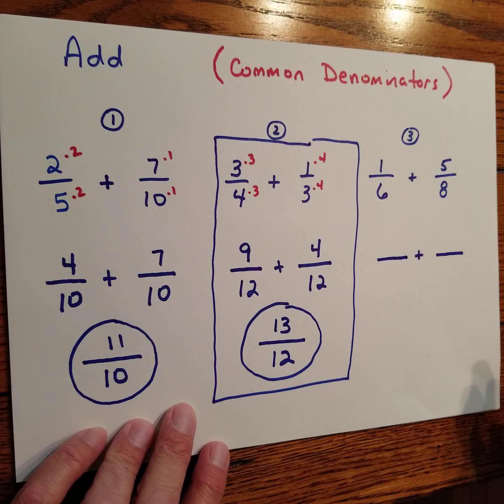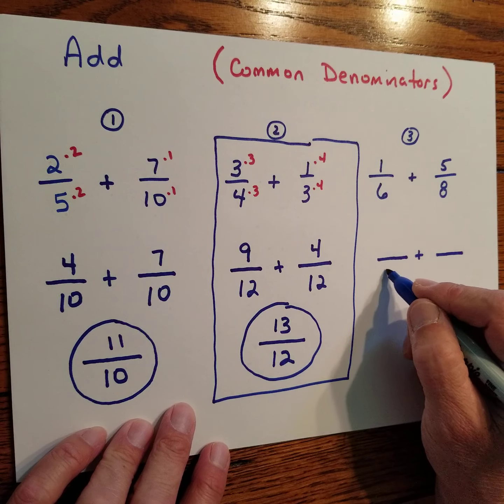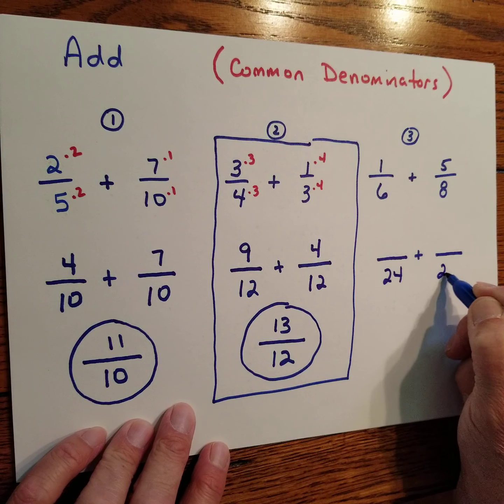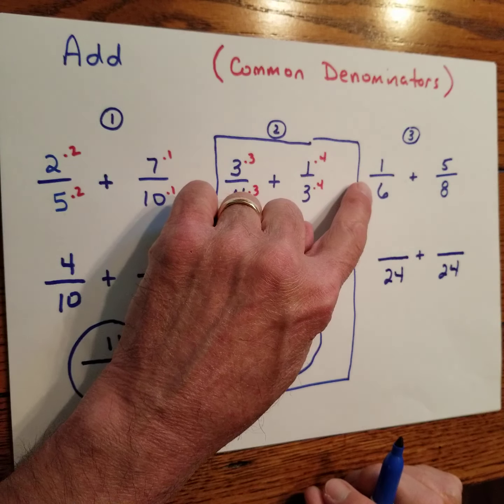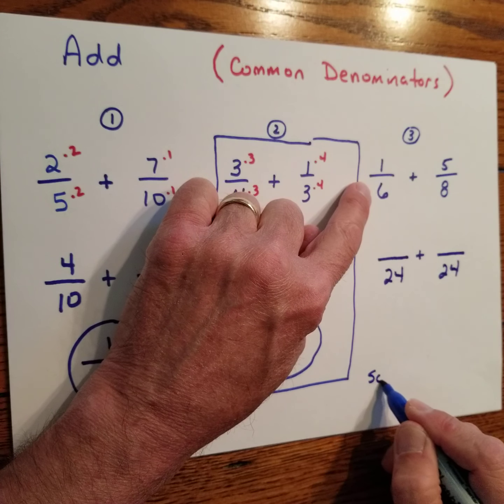Can you think of a smaller number that 6 and 8 both divide into? 6 and 8 will both divide into 24. 24 is a good common denominator. Now, if you can't come up with 24 in your head, you can always come off onto scrap paper.